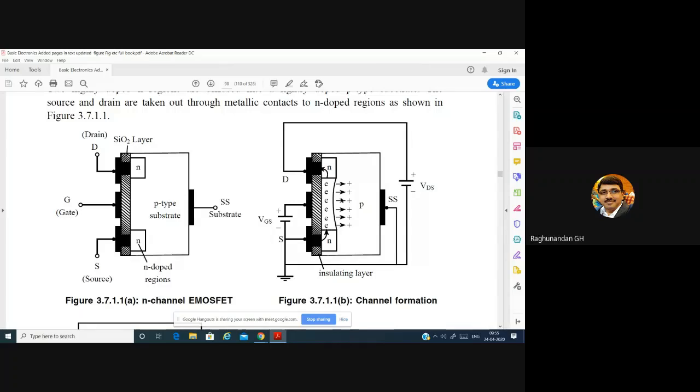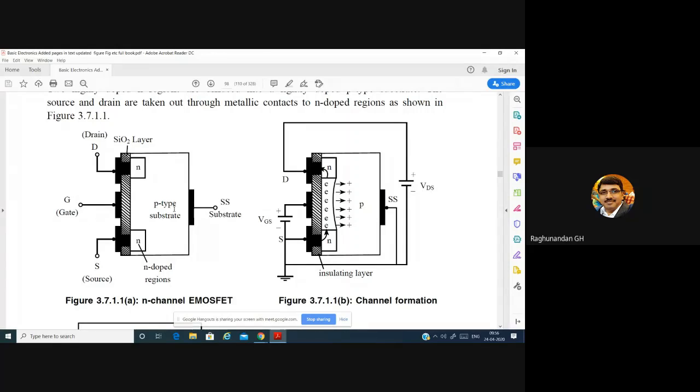You can see all the electrons get attracted. So in order to attract the electrons present in the p-type substrate, obviously I need to provide a positive gate voltage.